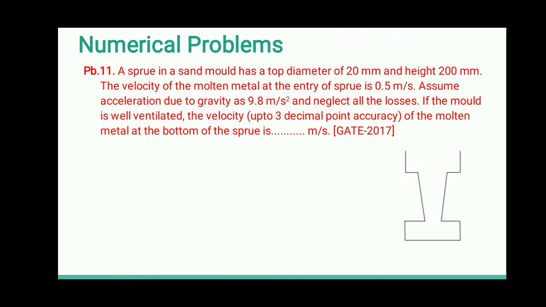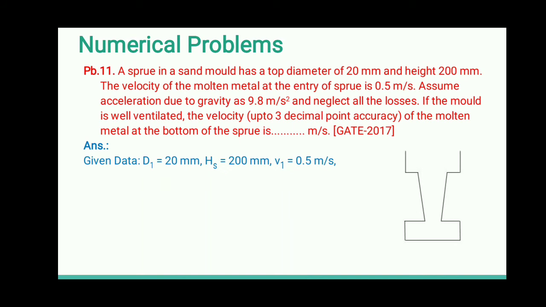Another concept we are going to discuss in this section is using Bernoulli's equation. The same equation that we have discussed, what I told you for this, we also calculated from Bernoulli's equation only. So right now I am not using direct formulas, but going through Bernoulli's equation. This is the data that is given to you.